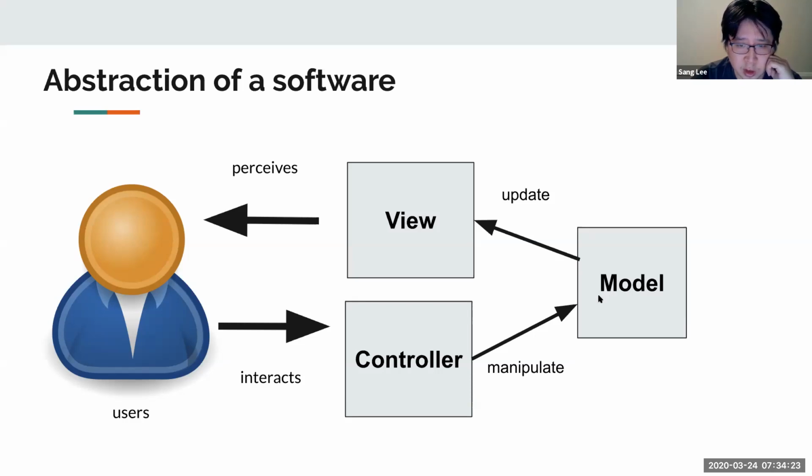So view is basically what users see and perceive, because it could be audio too, right? An auditory display could be a thing. And then users can interact with the controller, and that's going to interact with the model.